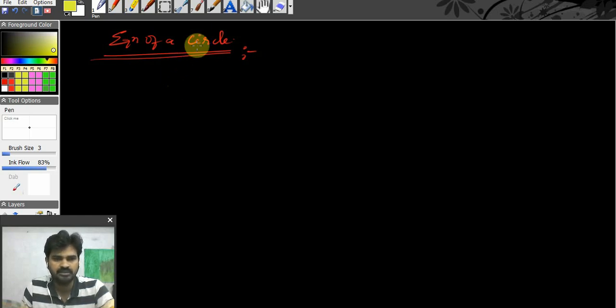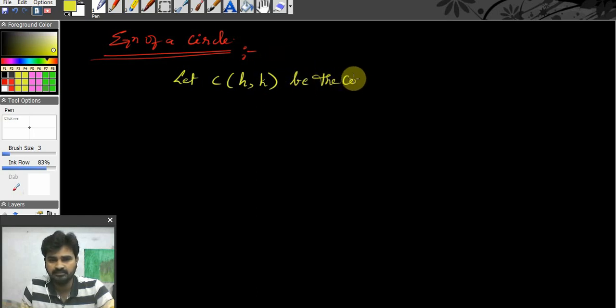The fixed point is called the center and the fixed distance is called the radius. So we need to take the fixed point. Let C be a fixed point. I have taken this fixed point as h comma k. Let h comma k be the center and r be the radius of the circle.